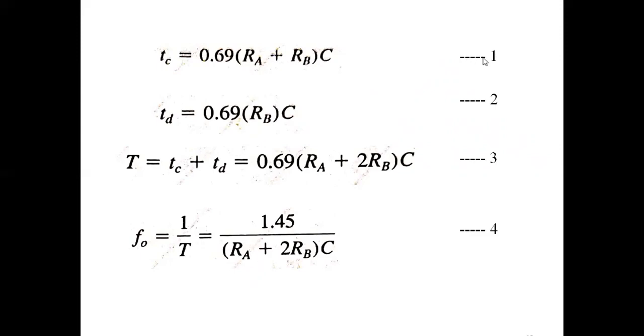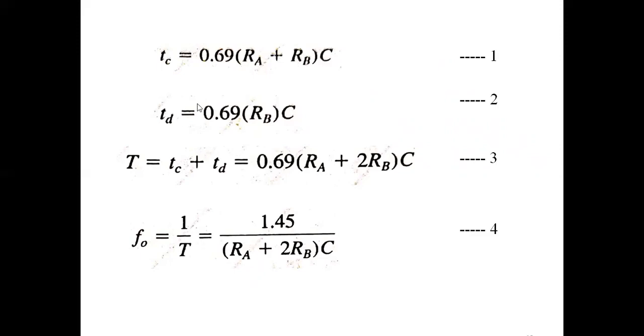Here the parameters RA and RB are in ohms and C is in farads.